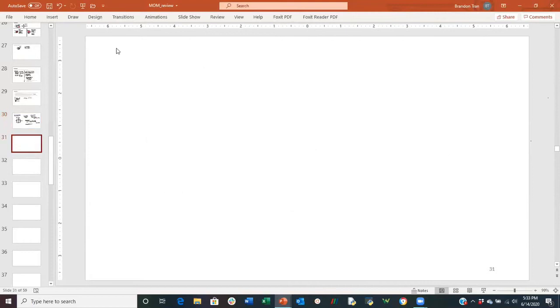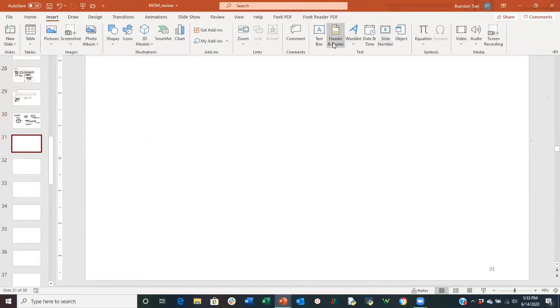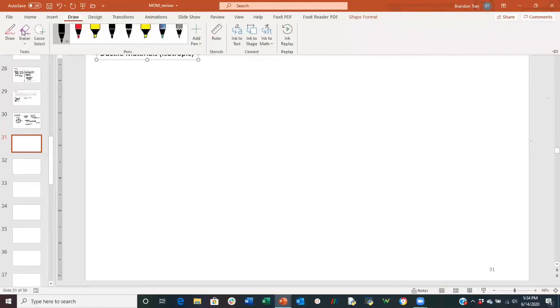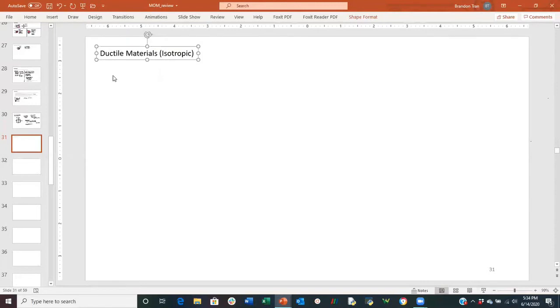So the next and last thing we're going to move on to are ductile materials. Again, it's all isotropic. Okay, so the failure criteria we're going to look at first is the more popular of the two methods I'm about to show you. It's called Tresca's max shear failure.